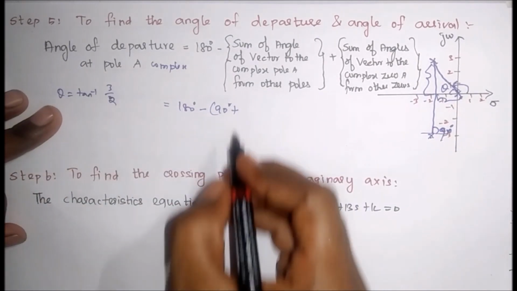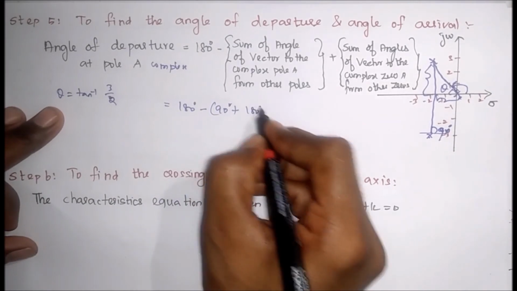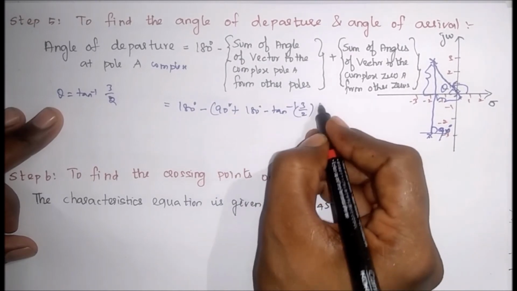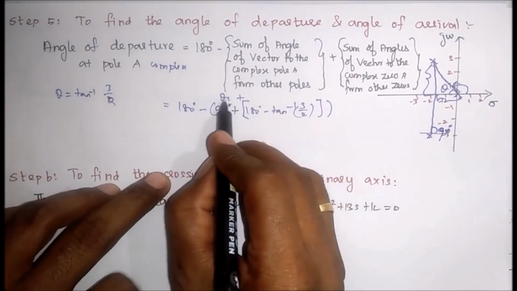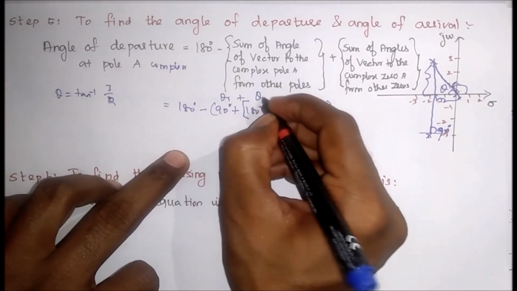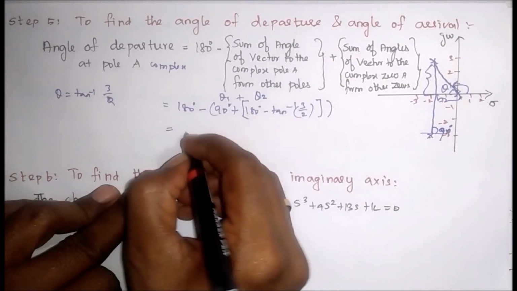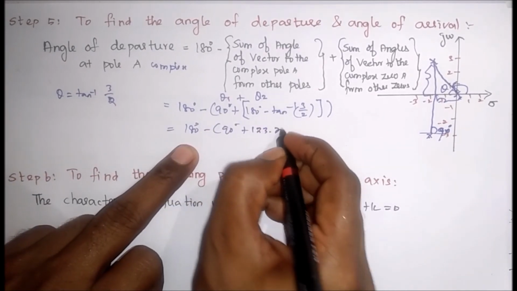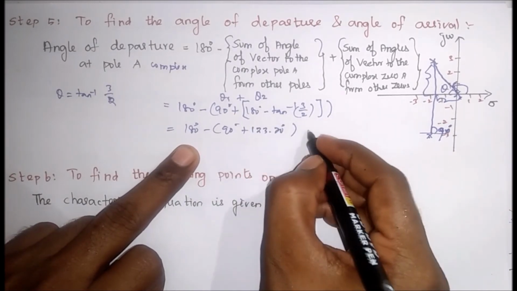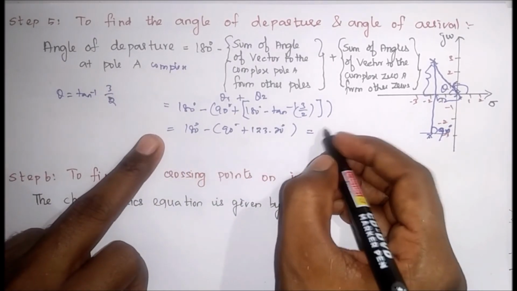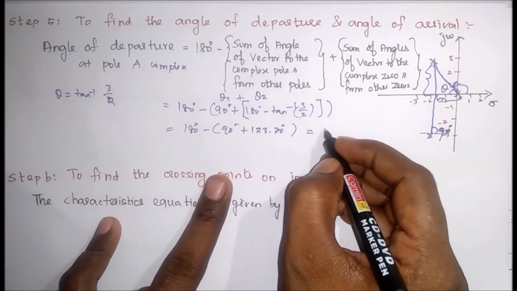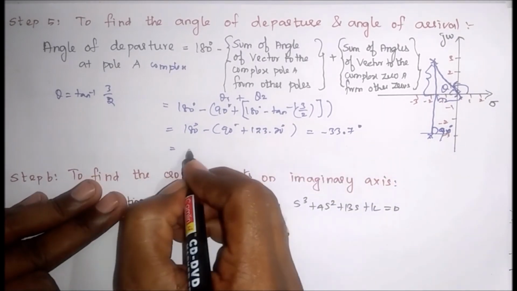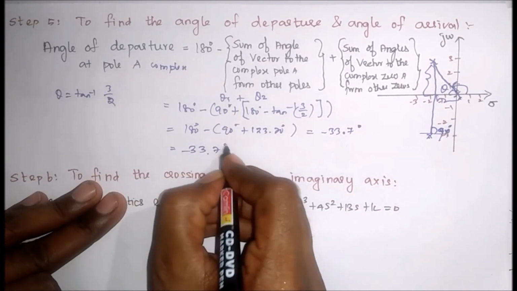Therefore here it is 180 degree minus tan inverse of 3 divided by 2. This is theta 1, plus this is theta 2. So 180 degree minus 90 plus 123.7, if we solve this, we get this. So finally angle of departure equals 180 minus this angle, equal to minus 33.7 degree. It means angle of departure equals minus 33.7 degree.